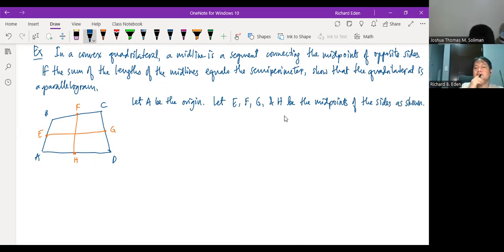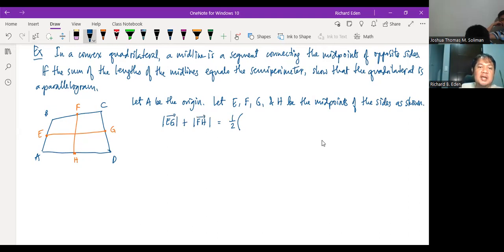All right. So we're talking about the lengths of the midlines. So that would mean this is our working condition. The length of EG plus the length of FH equals the semi-perimeter. So that would be half of the length of AB, but then I'm writing these down as segments, but of course you can also take them as vectors.